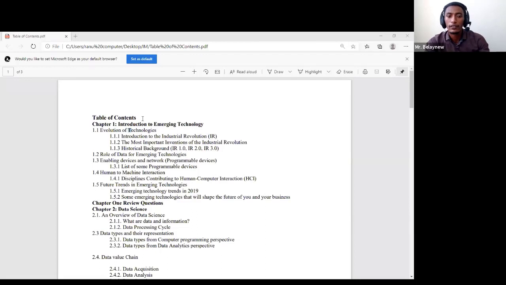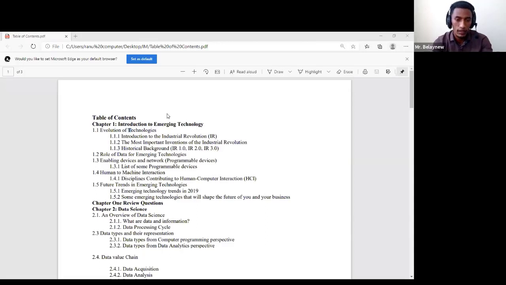So the first one is introducing emerging technology. What is emerging technology? Different evolution, or historical evolution, of technologies also we will cover in this one. Also different impacts of different revolutions.